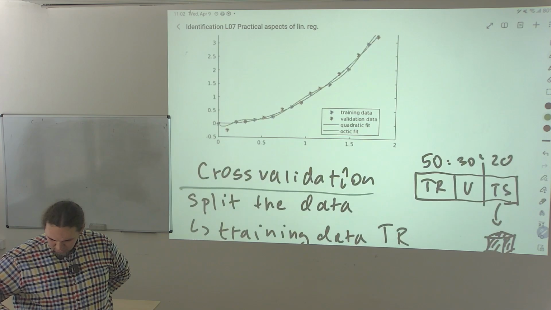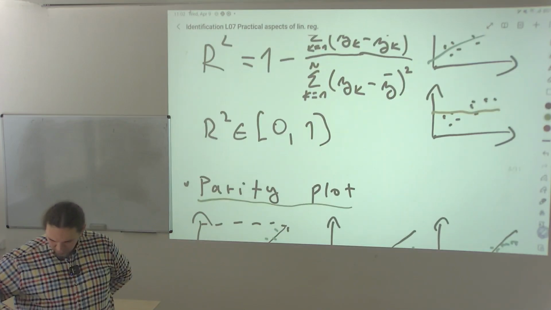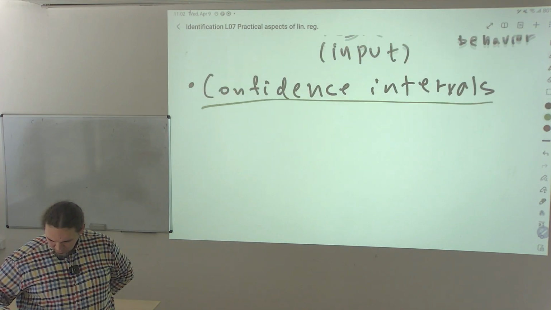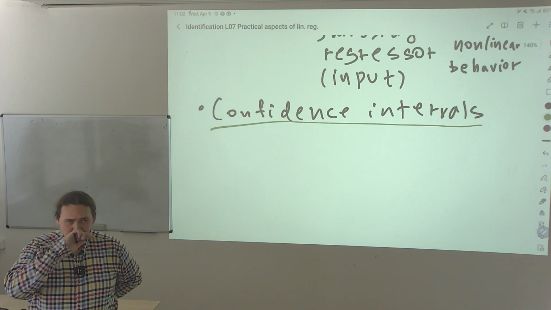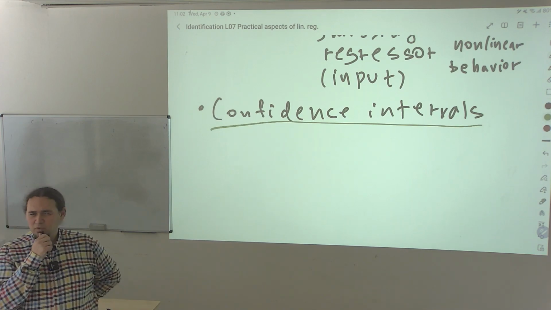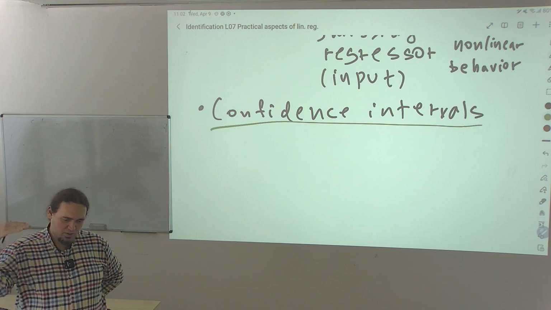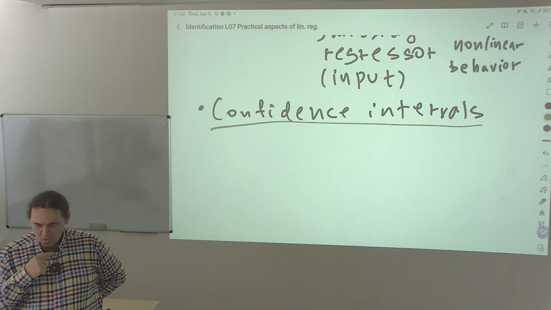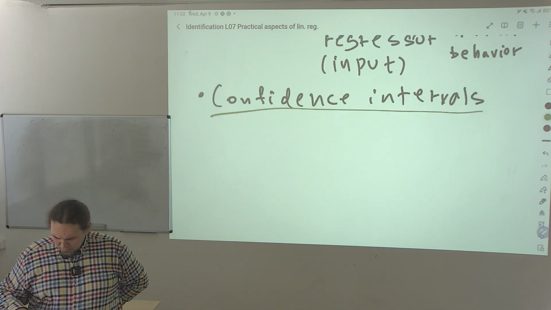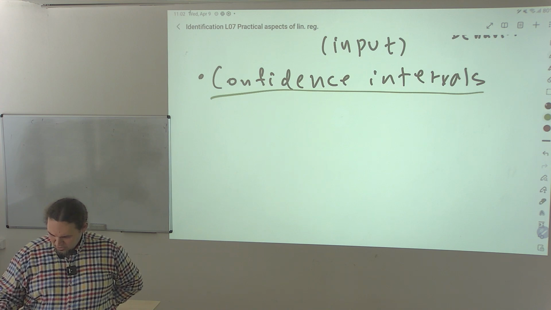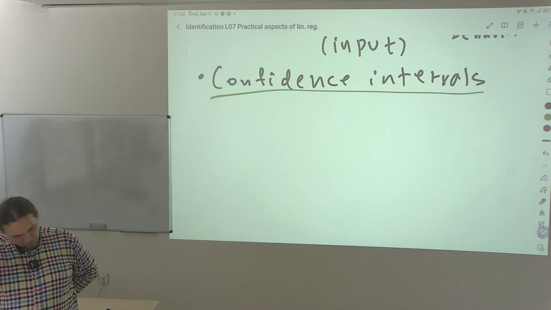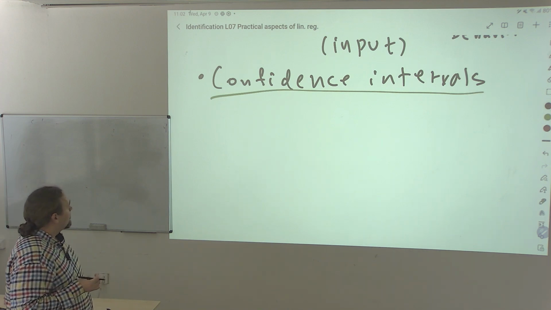How to get to the confidence intervals? Well, we already know how to do this when we did the very simple linear regression, just for one slope. How to do this in general?